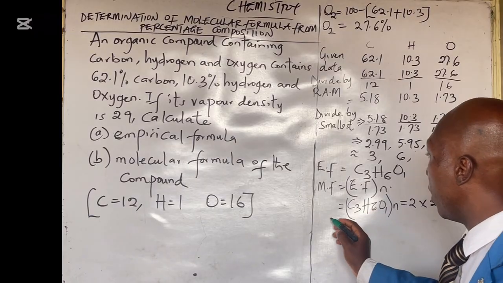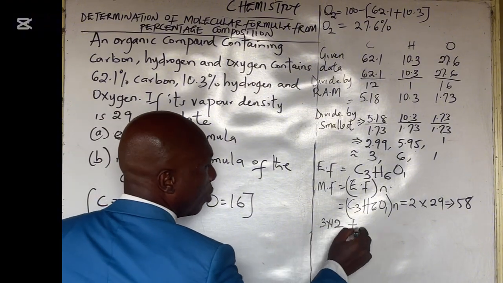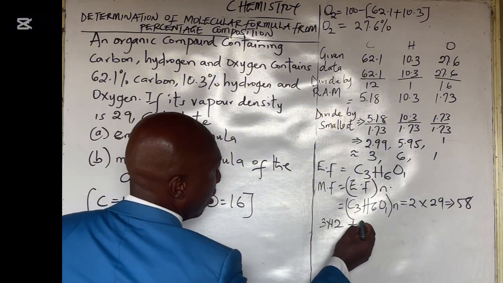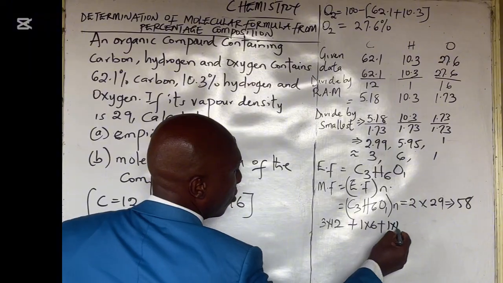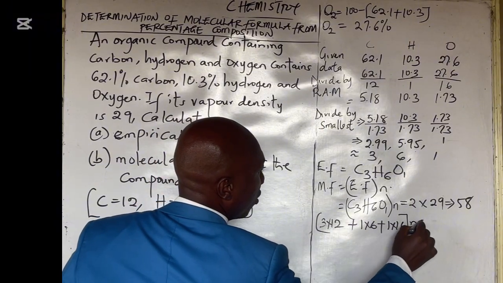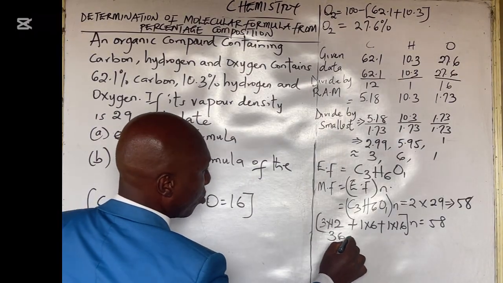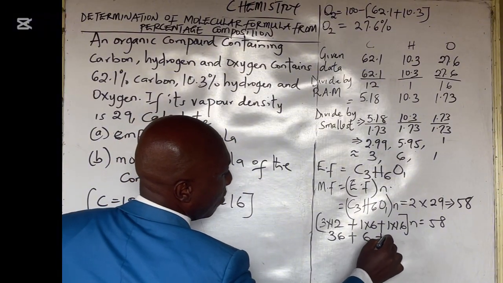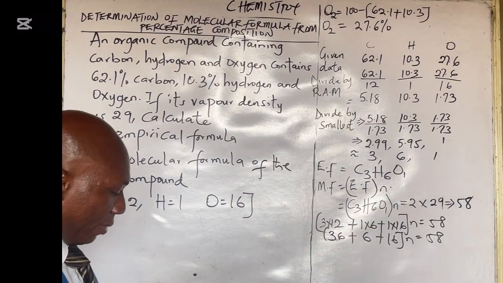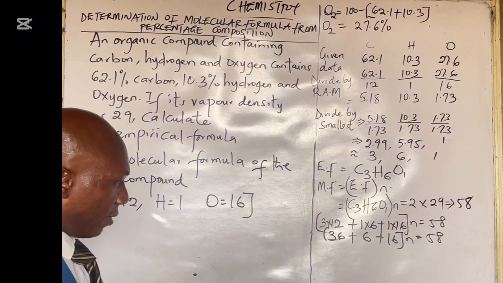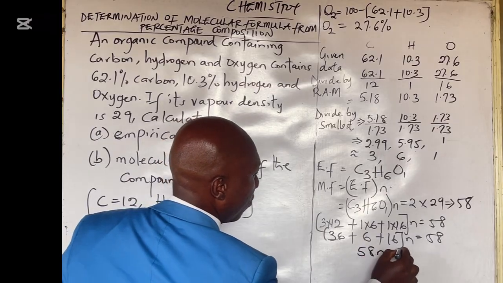So we have carbon, 3 times 12, plus hydrogen, 6 times 1, plus oxygen, 1 times 16, everything into bracket N equals 58. That is 36 plus 6 plus 16, which gives 58N equals 58.